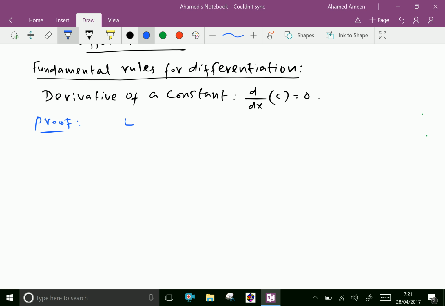First, let y equal f of x. Then d by dx of a function of x we can represent as f dash of x.